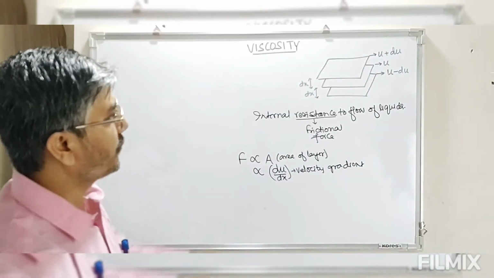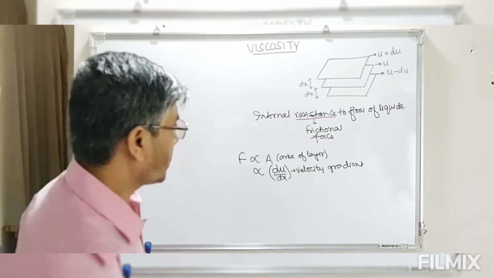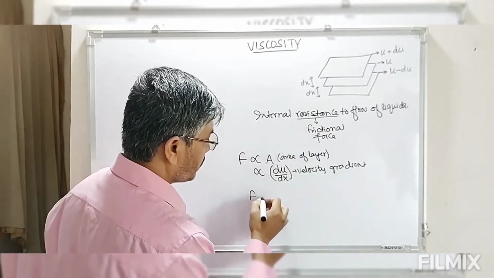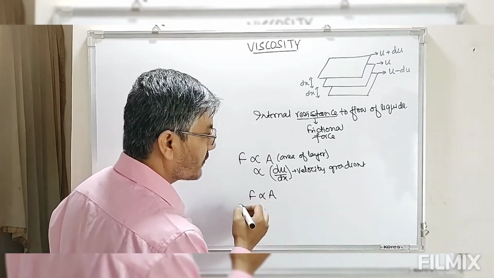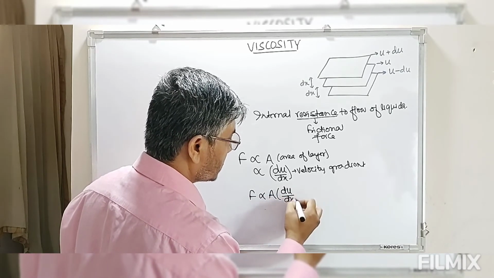Because with this distance there is a change in the velocity, that is what we call as velocity gradient. So combining these two, we say this internal resistance or the frictional force is proportional to area of contact and this velocity gradient.